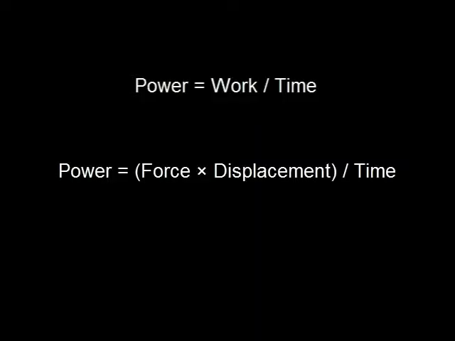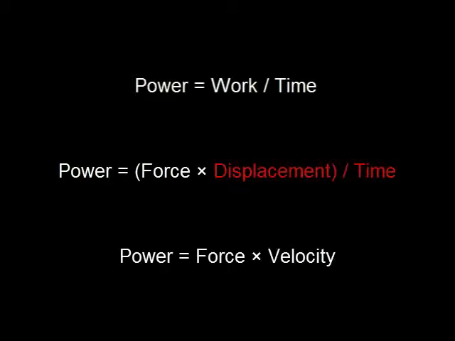Power equals work over time, and because work is in joules and time is in seconds, power is basically joules per second, or in other units, watts. And you can also play around with the W divided by t equation.